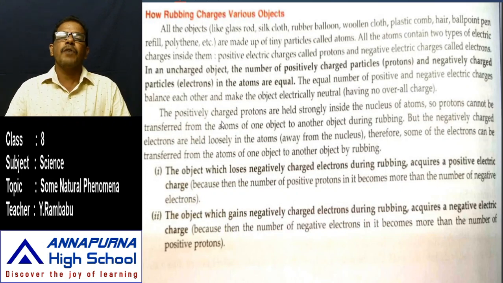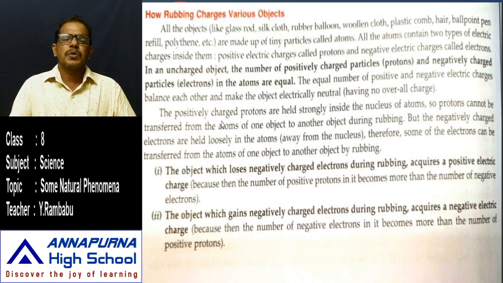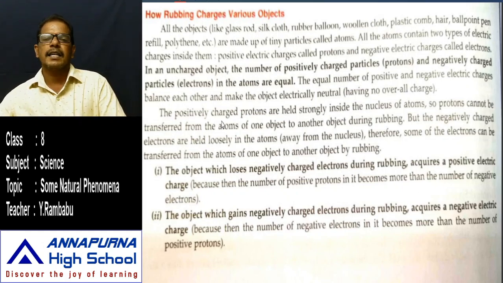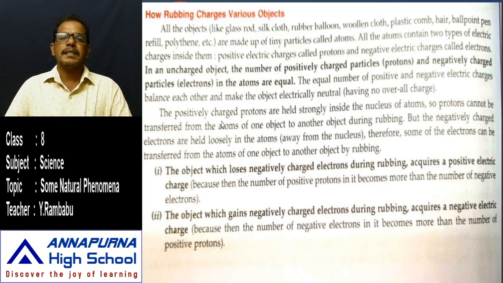For example, in a water drop so many water molecules are there. Again, the water molecules are made of hydrogen and oxygen atoms, and these hydrogen and oxygen atoms are made of subatomic particles, electrons, protons and neutrons.